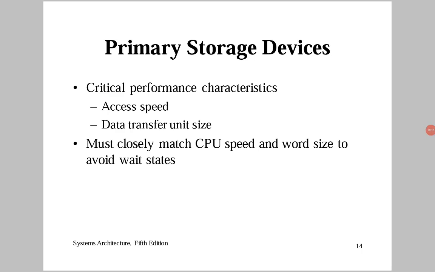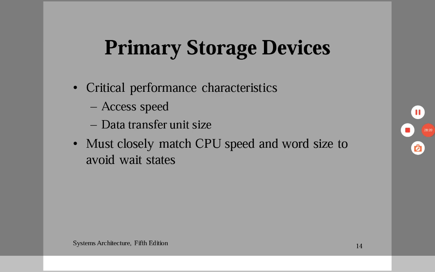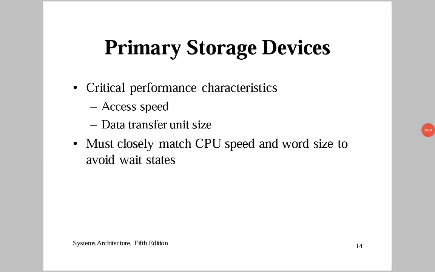So basically memories or storage devices are of two types: primary storage devices and secondary storage devices. Secondary storage devices are also called auxiliary storage devices. What are the different characteristics of these two?